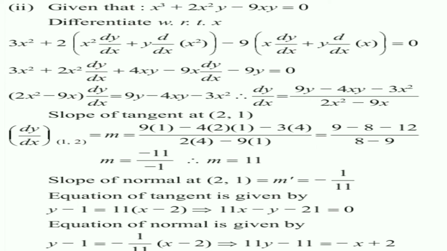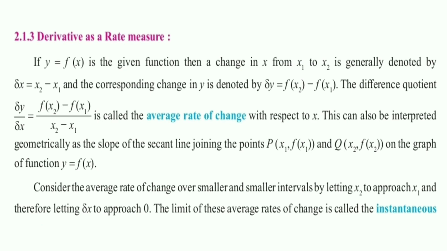Equation of normal is given by y minus 1 equals minus 1 upon 11 into (x minus 2), which implies 11y minus 11 equals minus x plus 2. This equation can also be written as x plus 11y minus 13 equals 0. Now, the next topic is derivative as a rate measure.